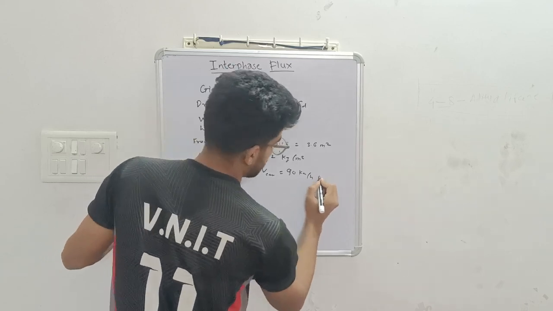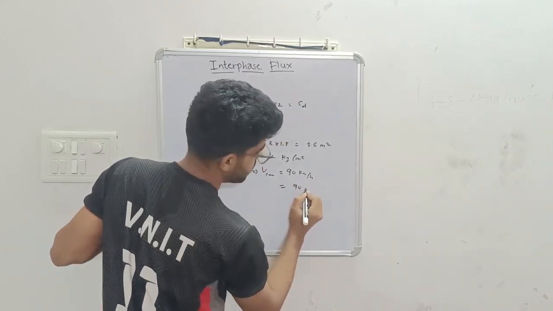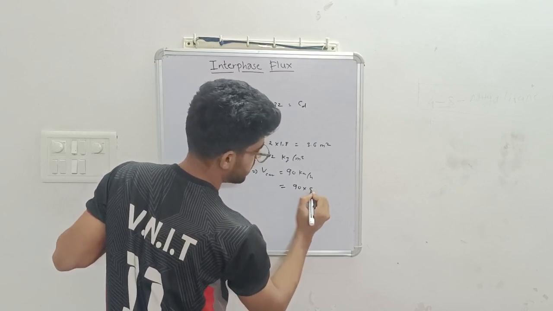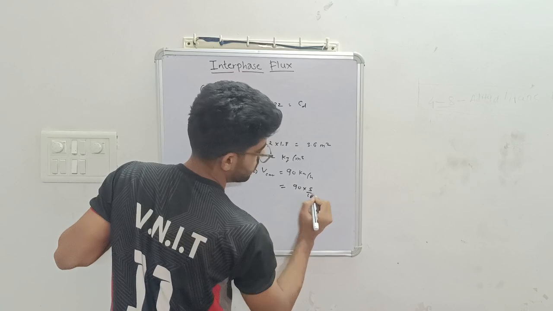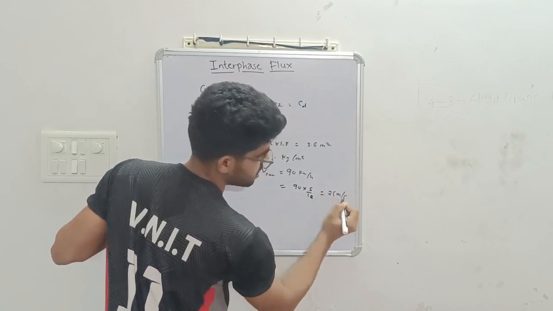After converting into meter per second, we will multiply it by 5 by 18, which is equal to 25 meter per second.